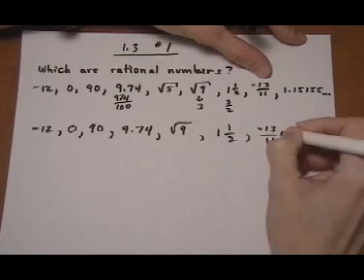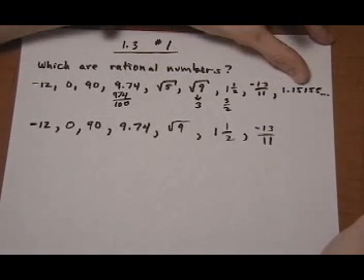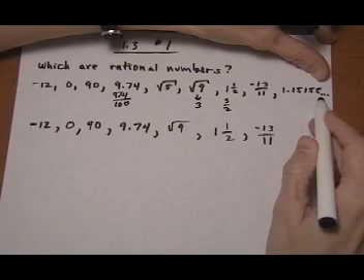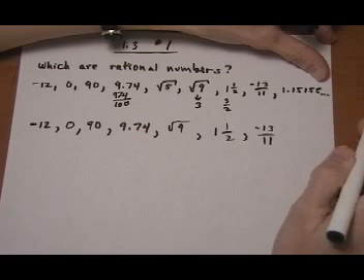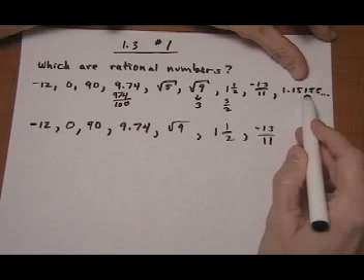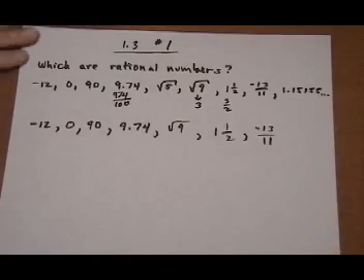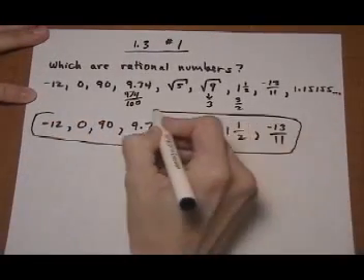It's rational. And then this decimal we have over here, 1.15155, and I ran out of room, but the actual number in my MyMathLab question keeps going 1555. What we have is a pattern, but it's not a repeating pattern. So that's not included in the rationals. So this list right here would be the rational numbers.